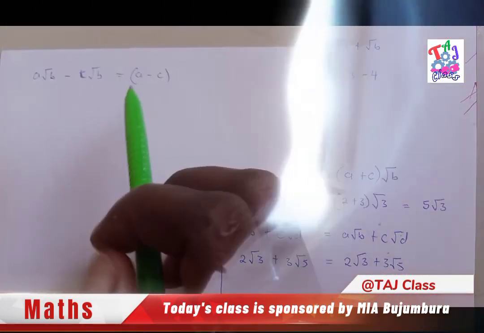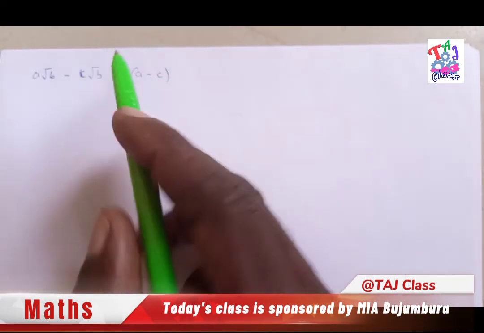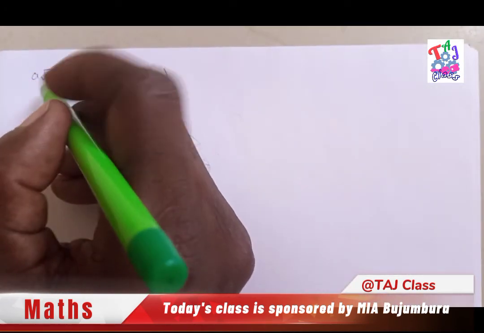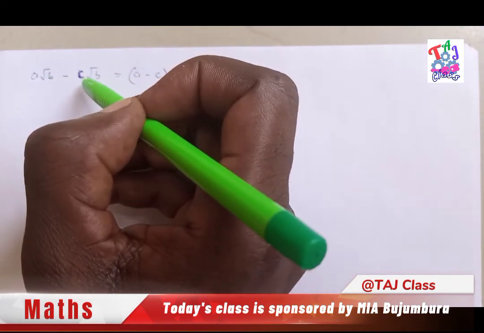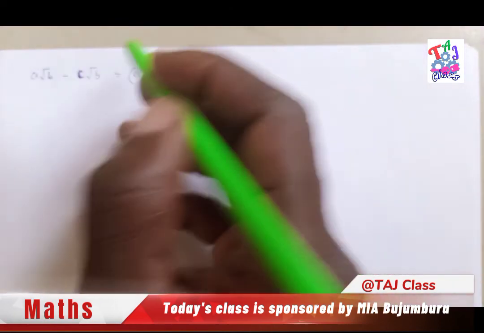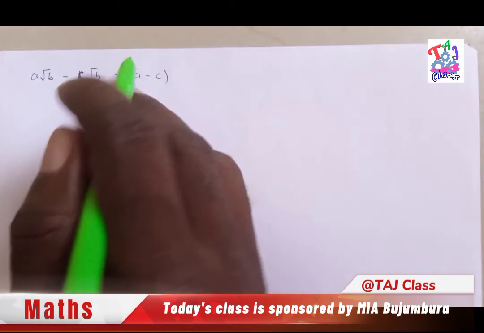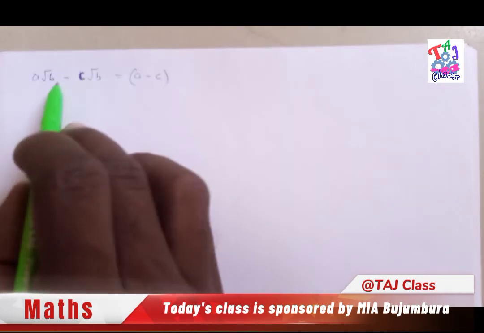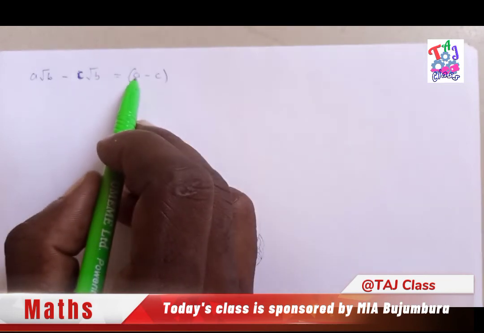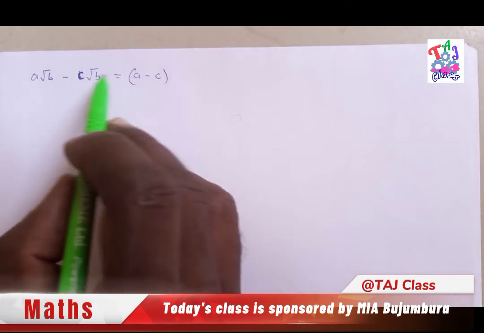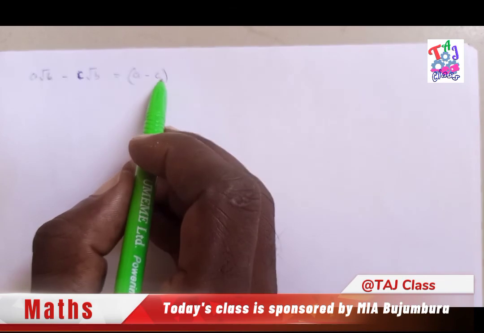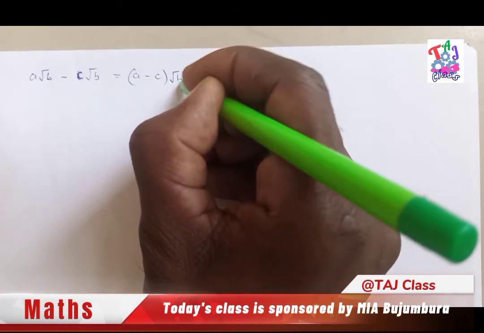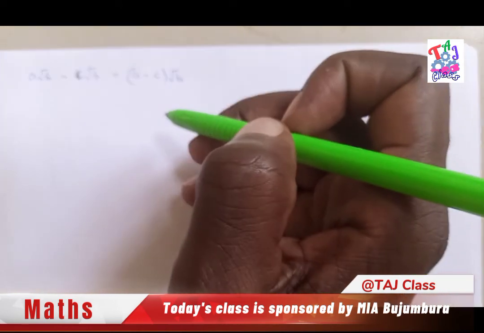Okay, so when it comes to subtraction also, we have A√B minus C√B. We also do the same as long as under the roots are the same. So we just put the A, which is here, and subtract the C, and then multiply them by this term which is outside.